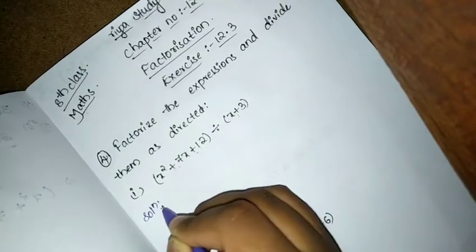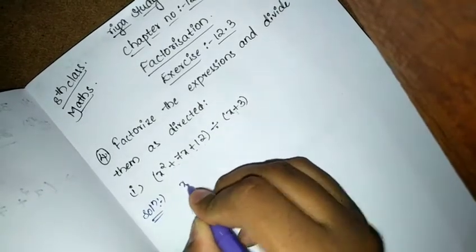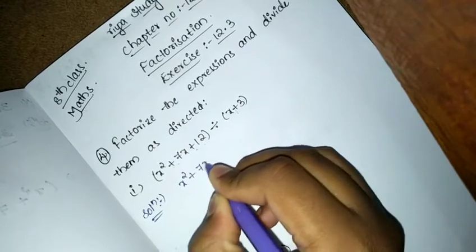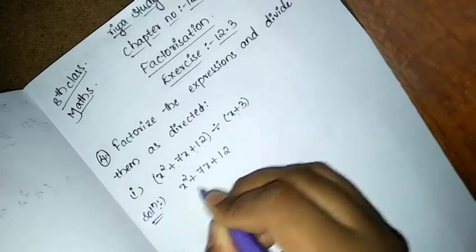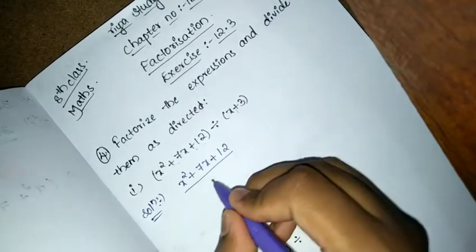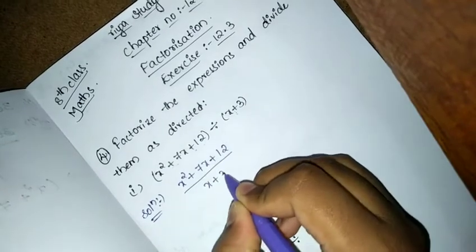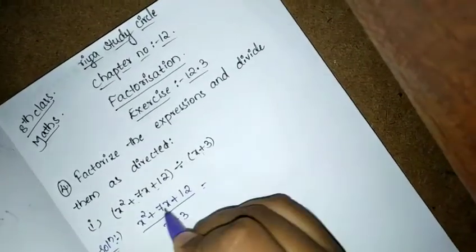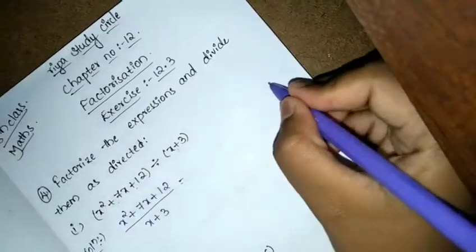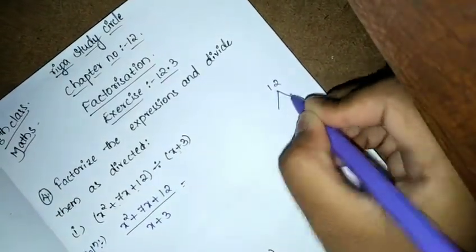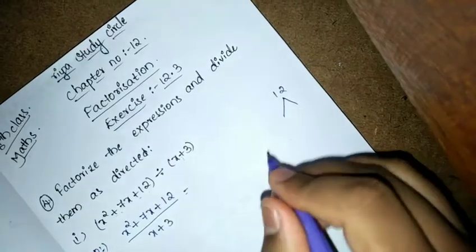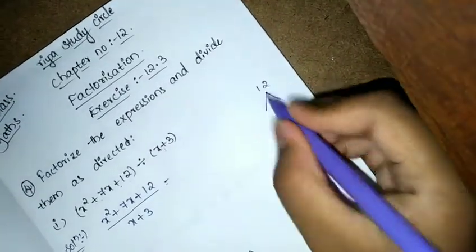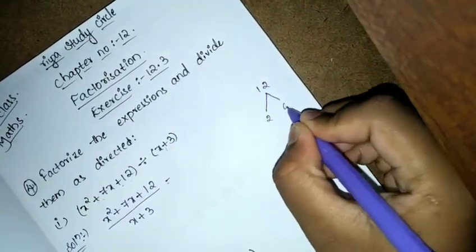Solution for this problem is x square plus 7x plus 12 divided by x plus 3. In this case we have to factorize this. Here we have 12, in the middle we have 7. So the factors of 12 are 2 sixes are 12.